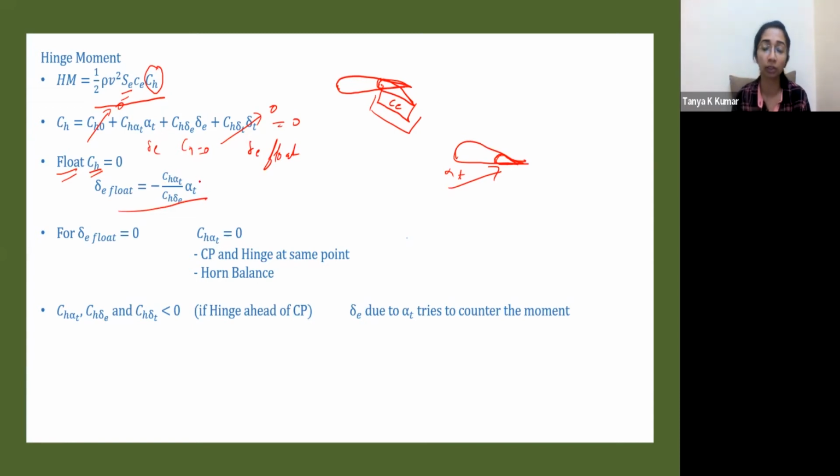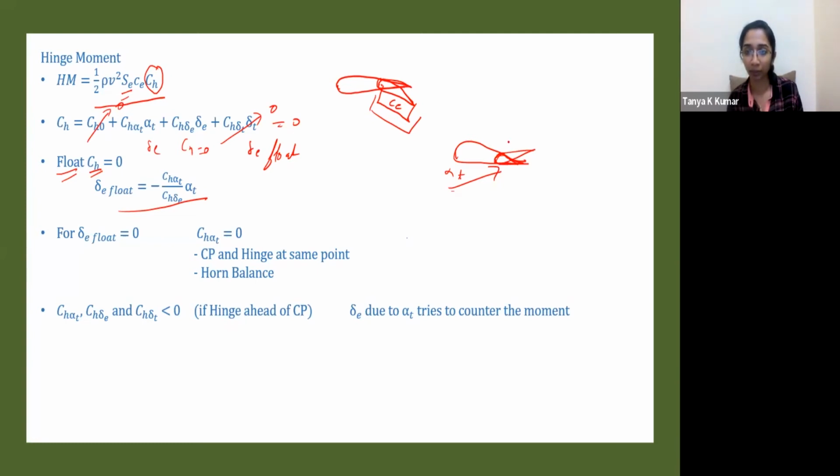What are the signs of CH alpha T and CH delta E? When you subject the tail to a positive angle of attack, what moment does it produce at the hinge? When there is a positive angle of attack, your elevator just floats towards the top, right?